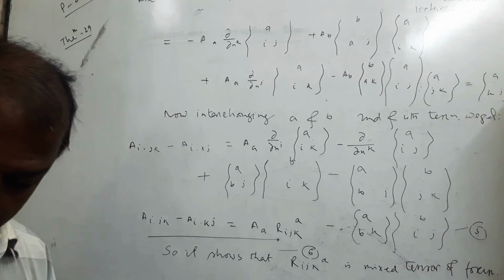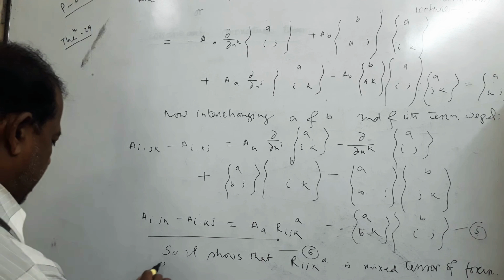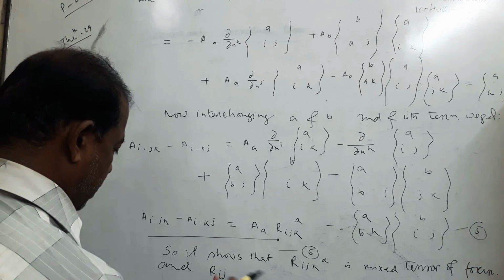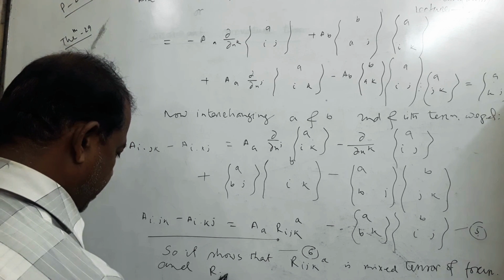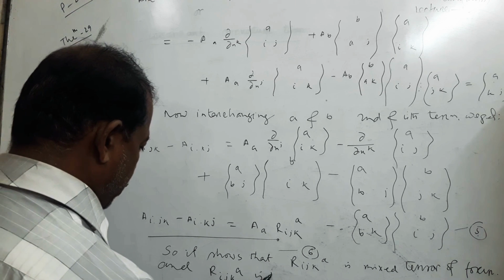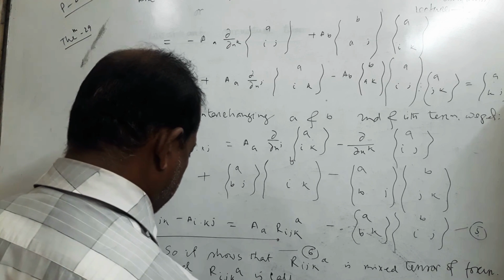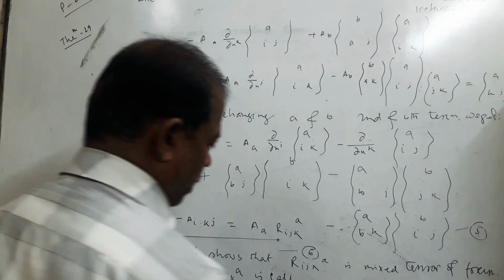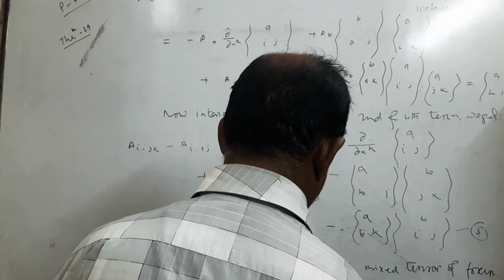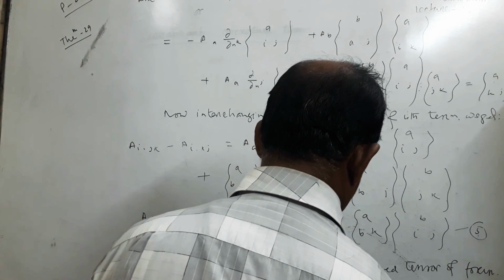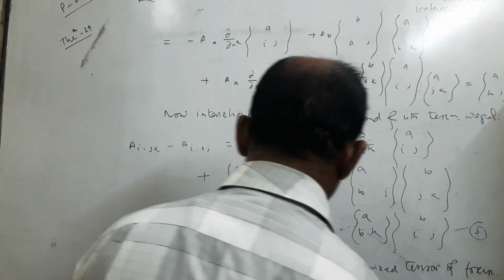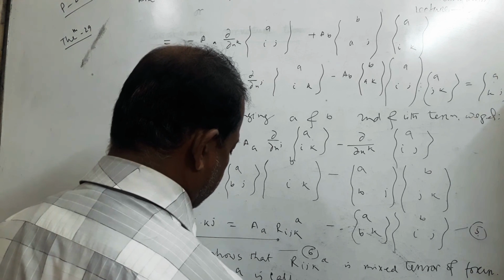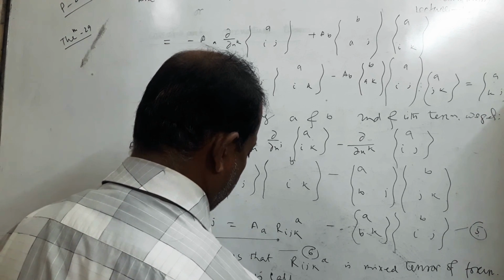and that is called the curvature tensor R I J K A, the curvature tensor of rank 4.